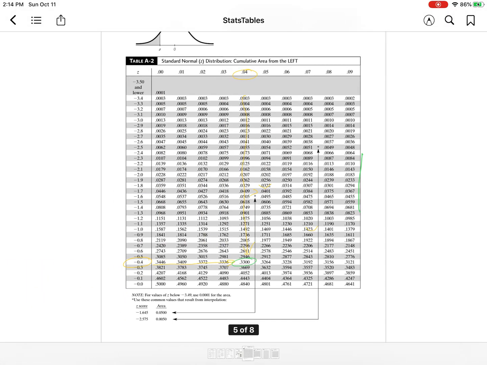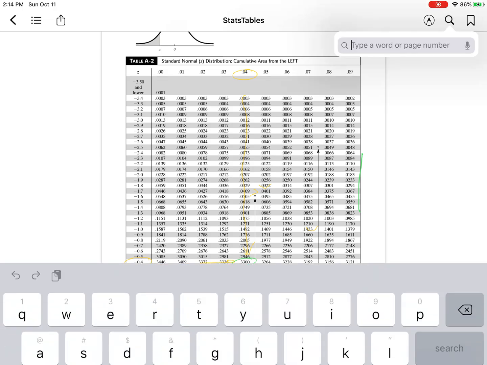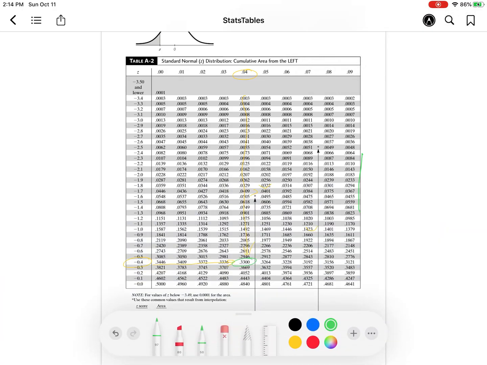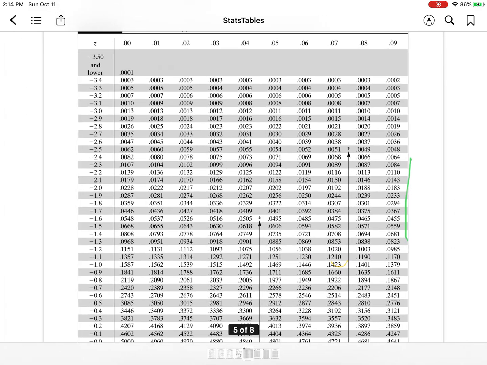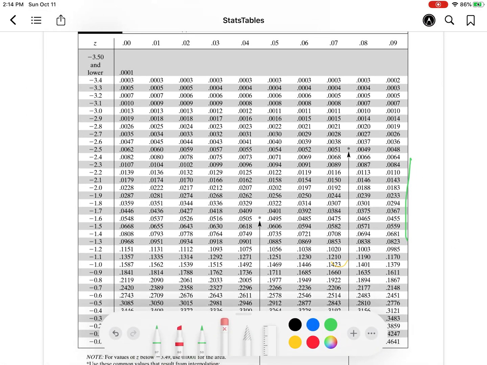Minus, now we're going to look up negative 0.94 in our table to get the area to the left of that. Okay, scroll. There we go. We're in the right table now. Negative 0.94.